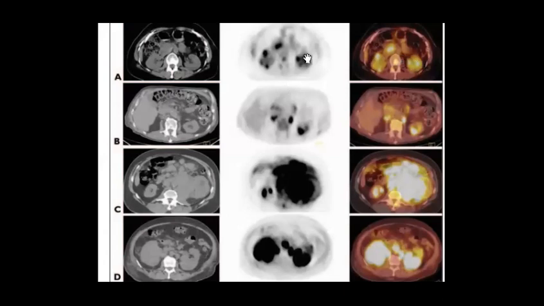So the uptake here is bilateral in both kidneys. Where else? Which site would you like to mention? It is in the retroperitoneum. Perfect.